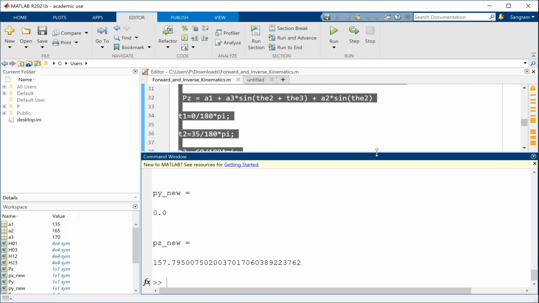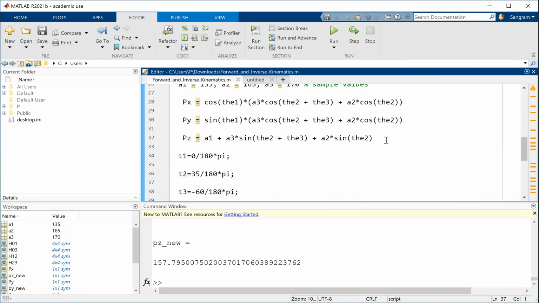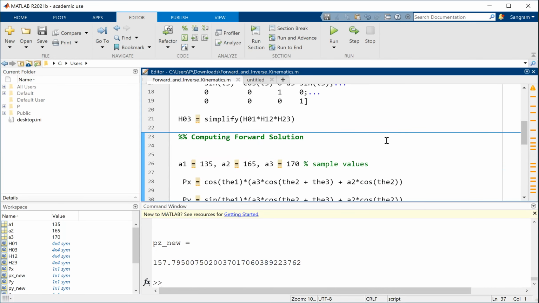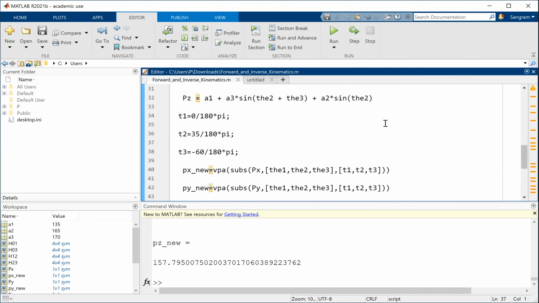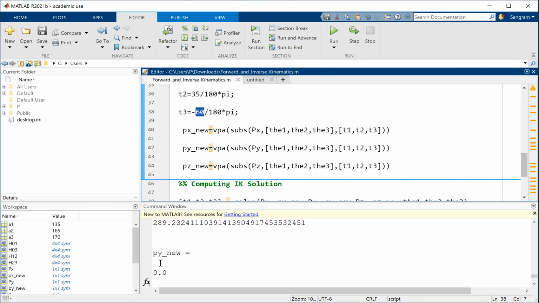So what does that mean? That means if my robot has link length A1 equal to 135, A2 equal to 165, A3 equal to 170, and I set the joint angles theta 1 equal to 0, theta 2 equal to 35, and theta 3 equal to minus 60, my end effector would be at the position 289, 0, 157.